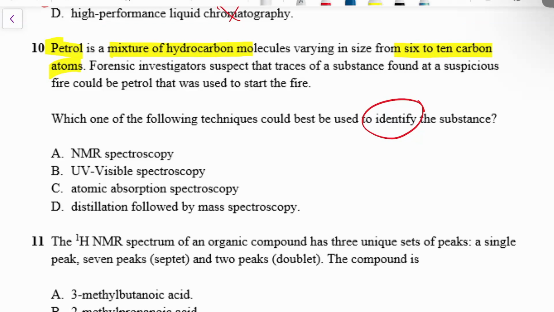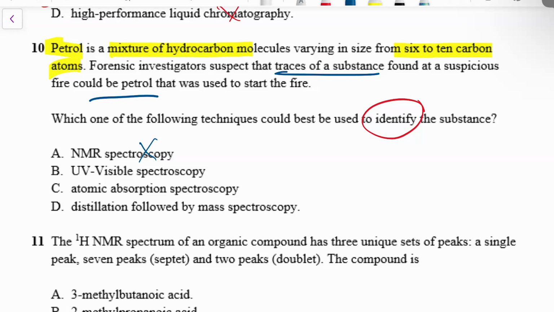Okay, so not A. Now, you're not identifying what the hydrocarbon is, though. The traces of a substance could be petrol. You're not identifying what the hydrocarbon in the petrol is, you're identifying that it's a hydrocarbon anyway, which is all of the different signals.